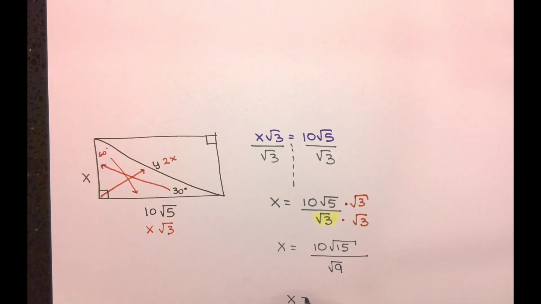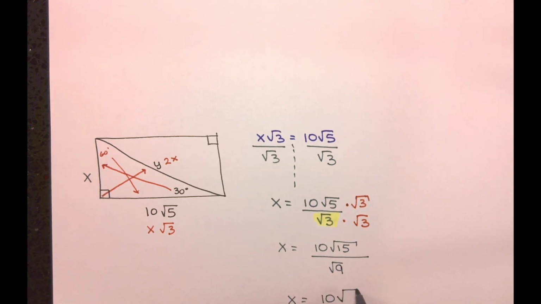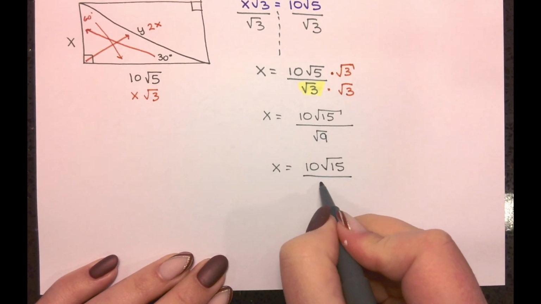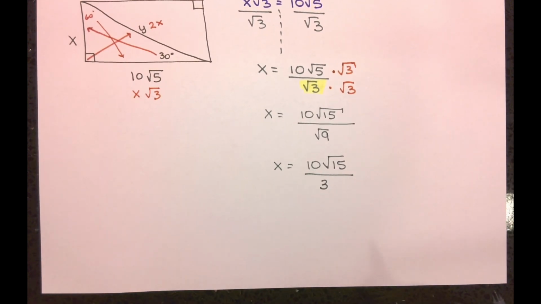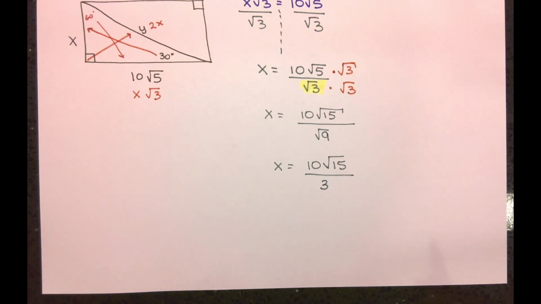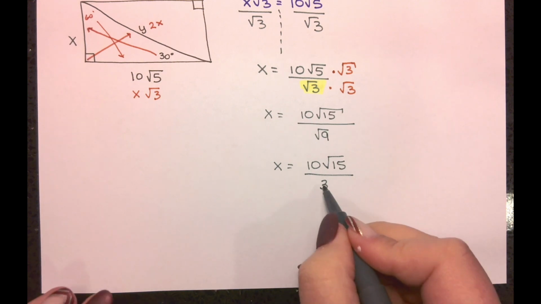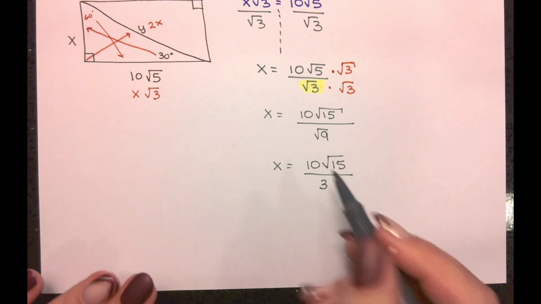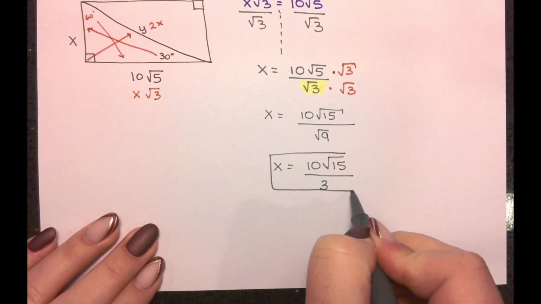Keep simplifying. Oh, you guys can't see. Sorry about that. 3 and 10 cannot simplify, not divisible. And then 15 is 3 times 5, which again can't be simplified. 3 and 15, one's in the house, one's not in the house, can't simplify. So we have our x value.